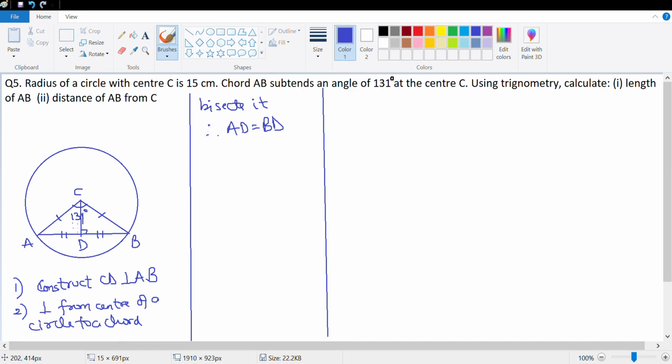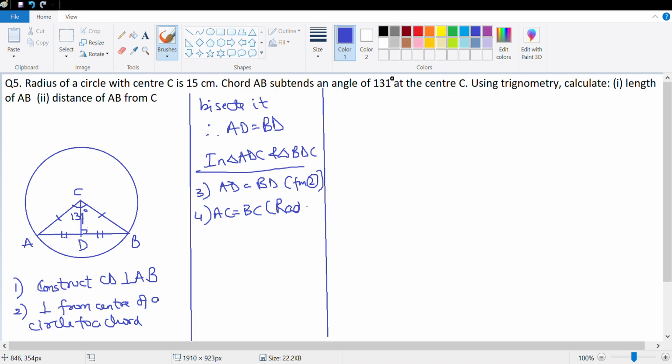Which also means that these two triangles ADC and BDC are congruent by side, side, side. Let's write that down. In triangle ADC and triangle BDC, number 3 is AD is equal to BD. This is from 2. Next, number 4, AC is equal to BC.